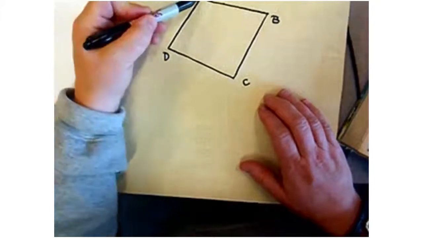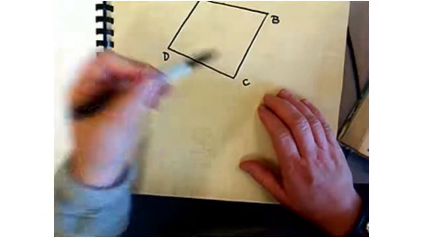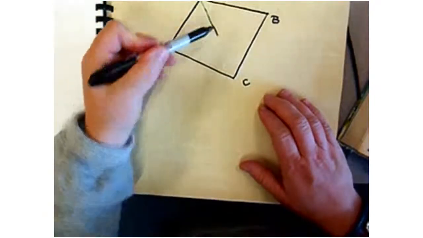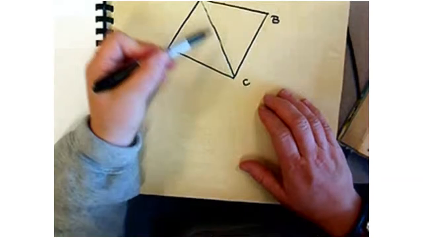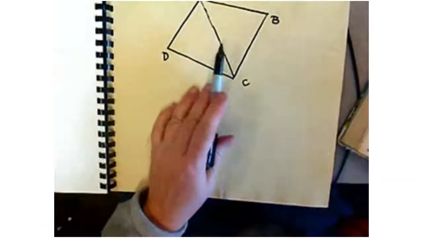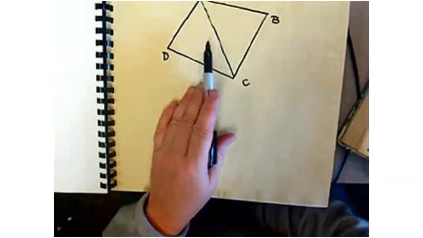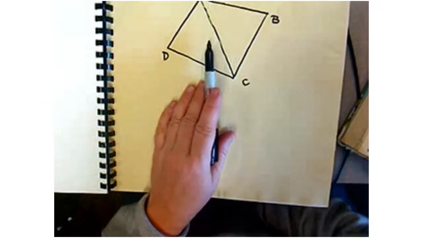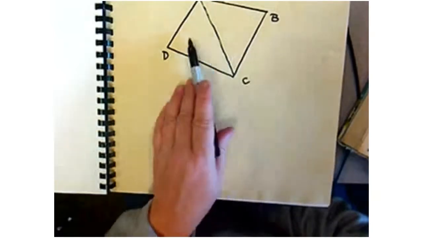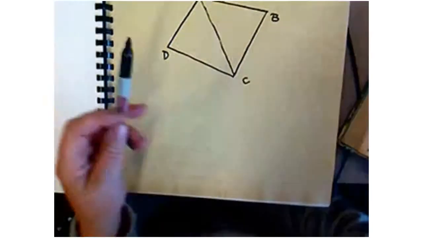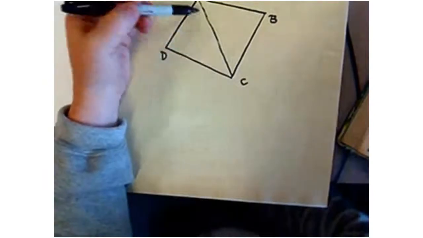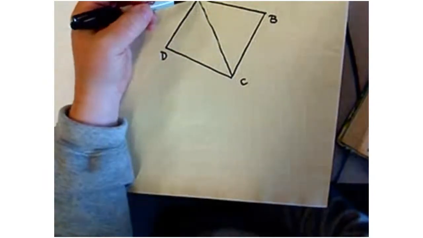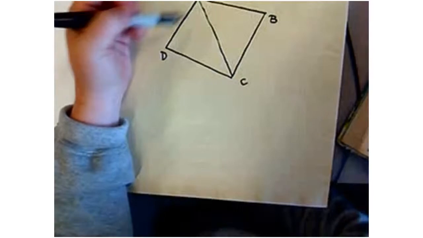And then from vertex A to the angle opposite vertex A, which would be angle C, there's a diagonal drawn. What is created by drawing that diagonal through our quadrilateral? It splits our quadrilateral into 2 triangles. They've labeled the interior angles of each triangle. We have a triangle on the left, ADC.